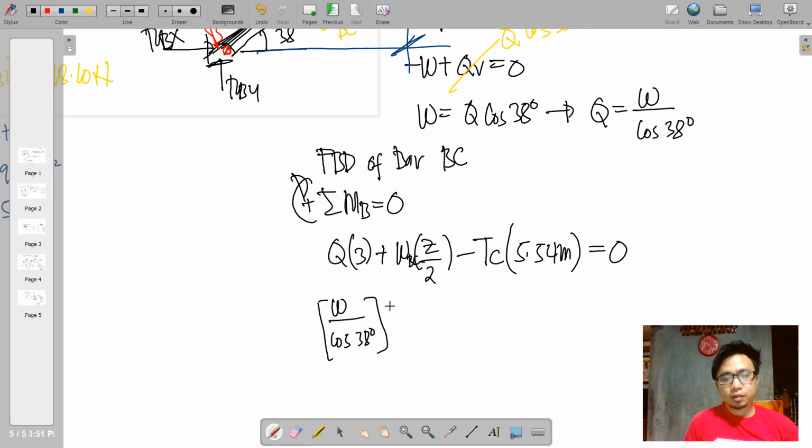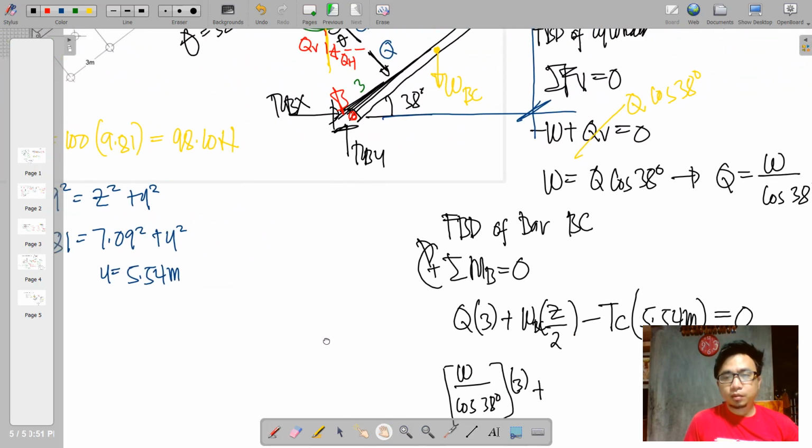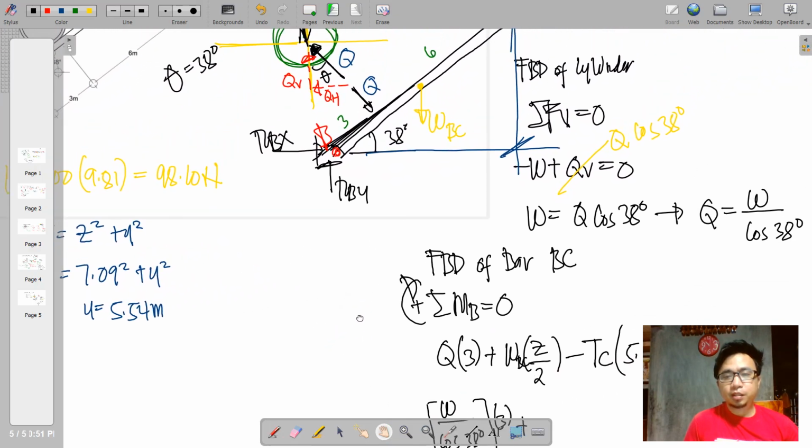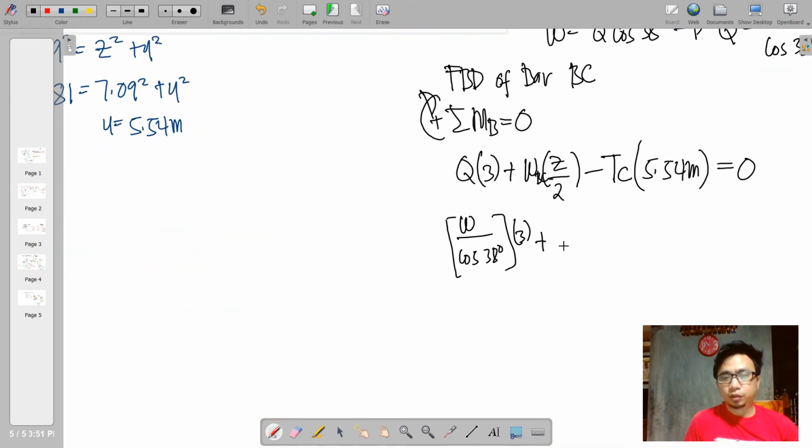This is multiplied by 3, and then plus the weight of bar BC, which is 98.1 newtons.